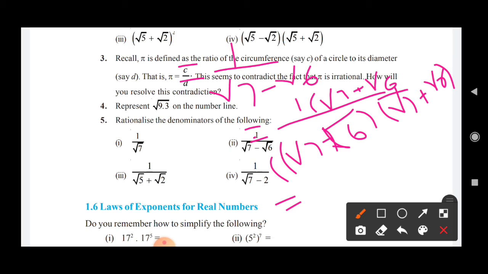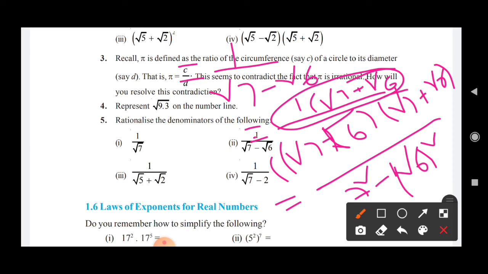Now you can see the denominator is in the formula, that is root over 7 whole square minus root over 6 whole square. In the above you can see 1 into root over 7 plus root over 6, so it will remain the same, root over 7 plus root over 6.